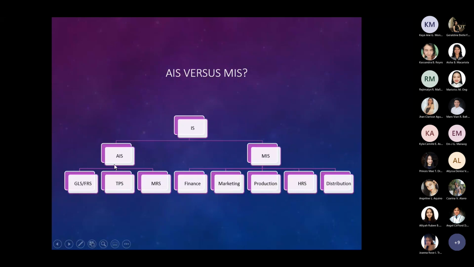Hindi, because you are still employee of the company that gives management information. That does not affect your financial statement or your financial transaction. Tama? So, it covers non-financial transactions na ginagawa ng finance, marketing, production, HRS, distribution, and all other departments. So, yan po yung pinagkaiba ng AIS at saka MIS.